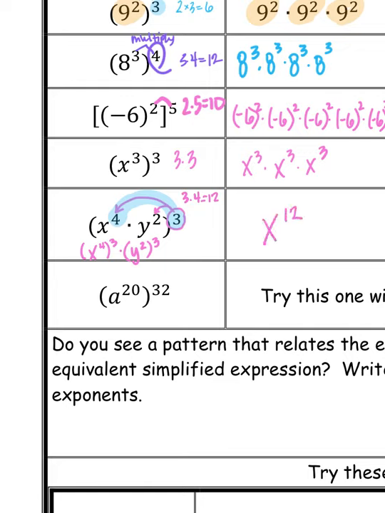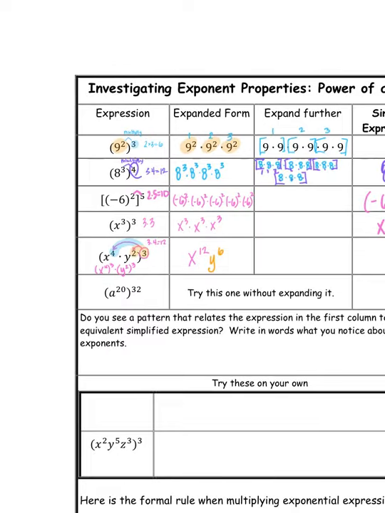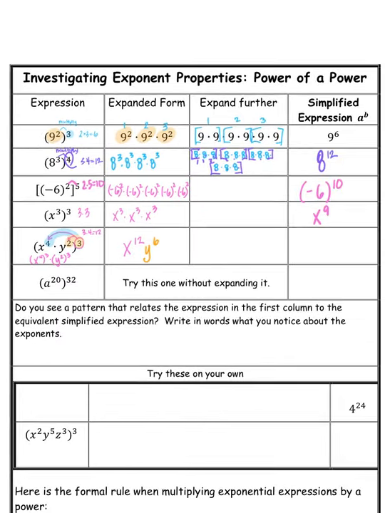And then we have 3 times 2, which would give us y to the 6th. So when we distribute, we're multiplying the exponent to all of the exponents on the inside. I didn't write this in expanded form for you. The answer would just be x to the 12th, y to the 6th.